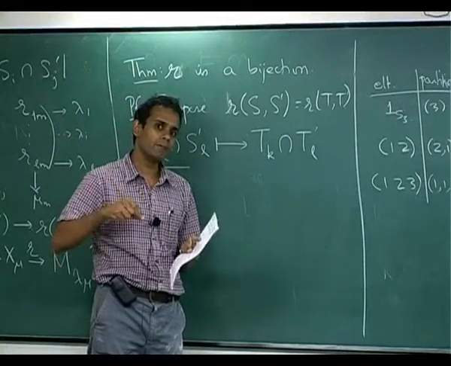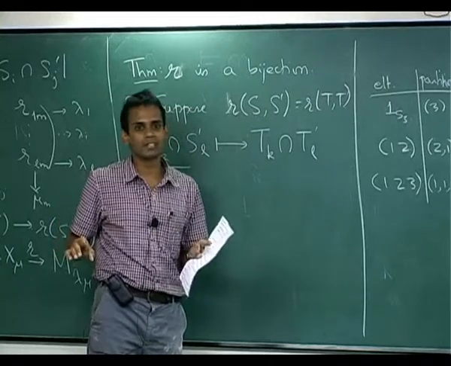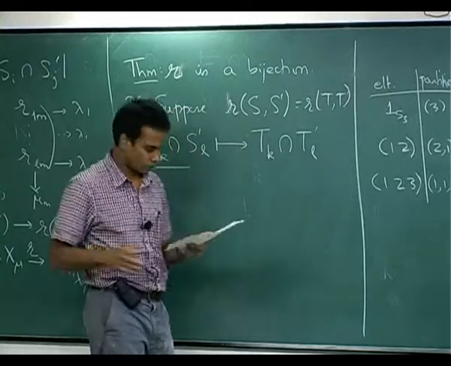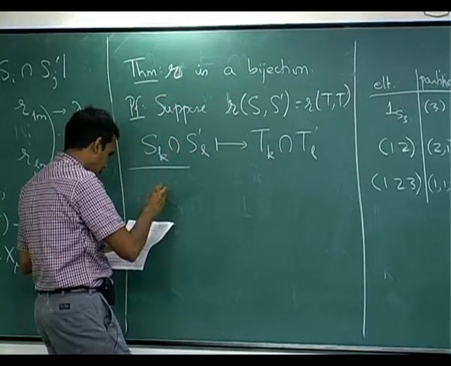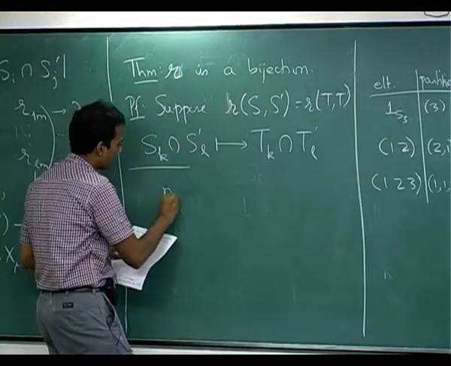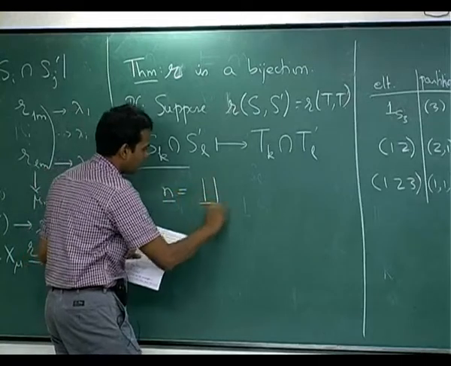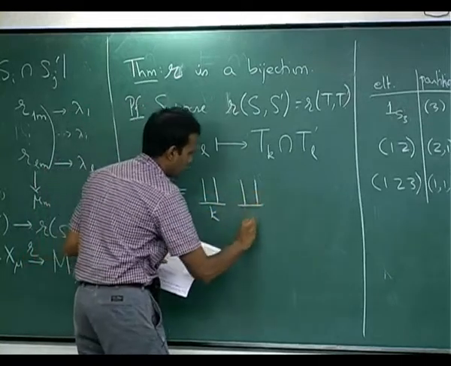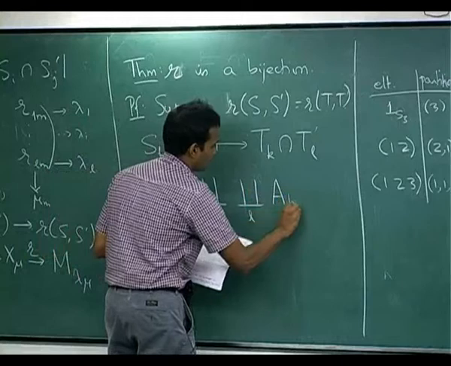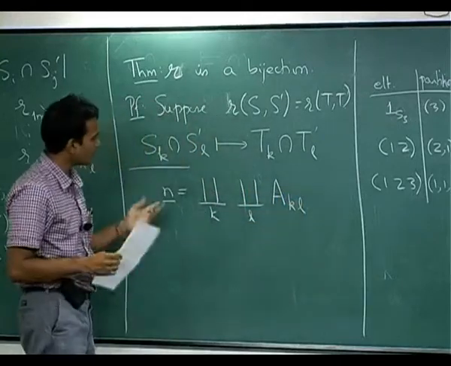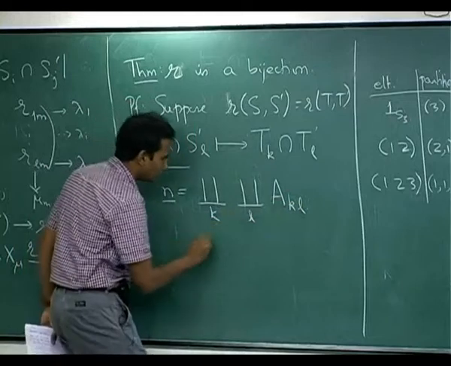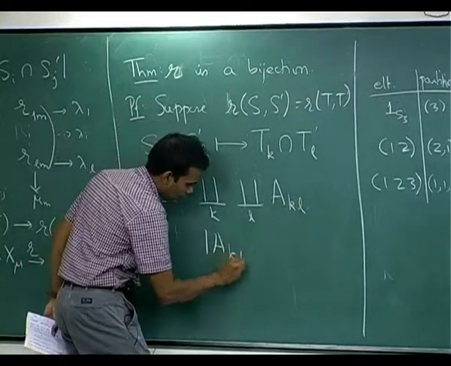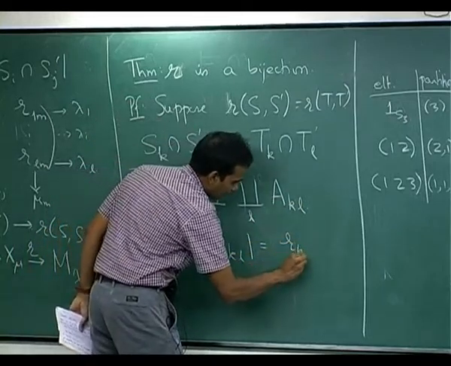I prepare those sets of intersections first. I'll write a partition of n of this form: I'll partition n into k times l pieces where the cardinality of the klth piece A_kl is r_kl.